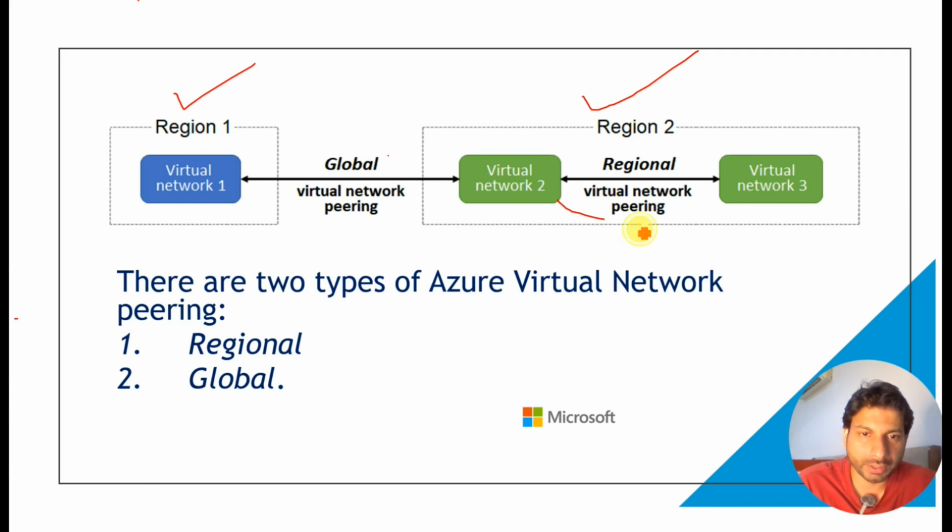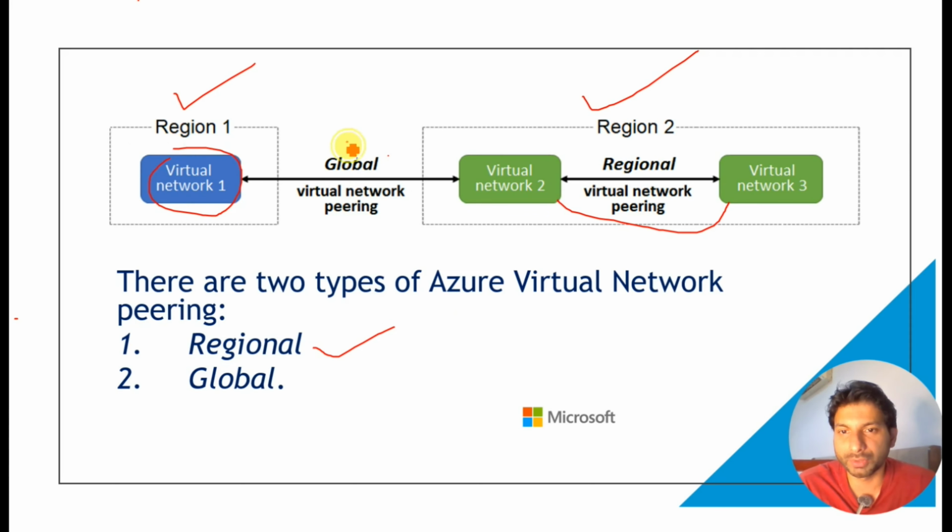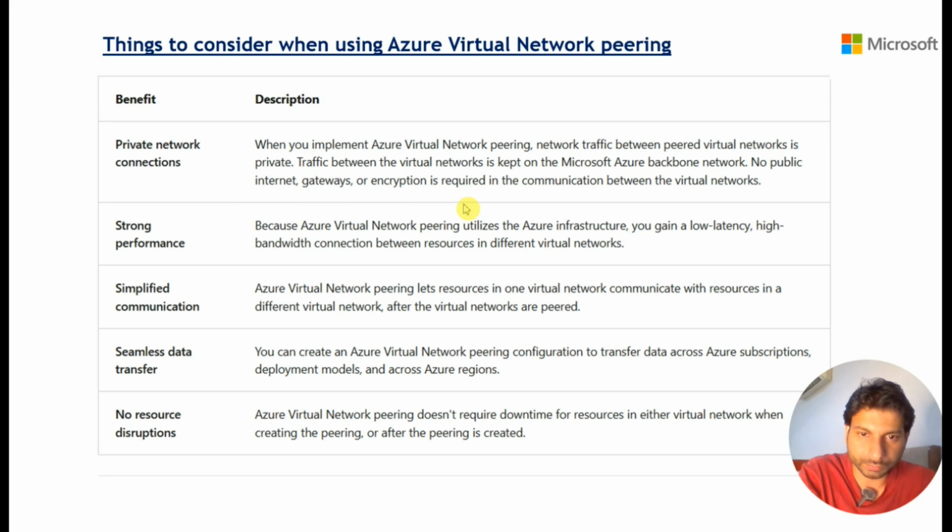To communicate between these virtual networks, we can create a virtual network peering within the region. So this is called a regional network peering. If it was to communicate to the other region, which is virtual network 1, then we have to create a global virtual network peering. Both these virtual networks will be able to communicate with each other.